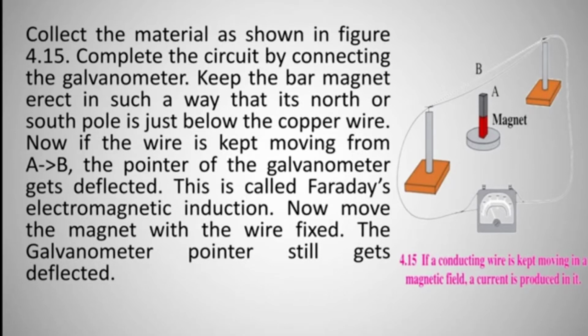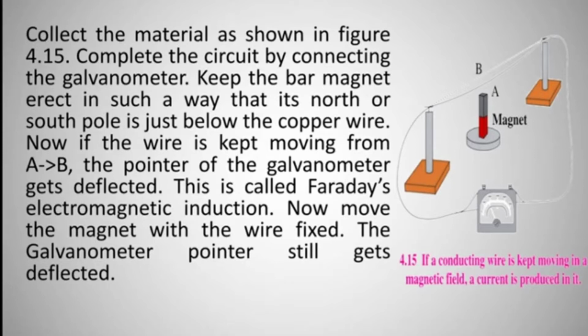Keep the bar magnet erect in such a way that its north or south pole is just below the copper wire. Now, if the wire is kept moving from point A to B, the pointer of the galvanometer gets deflected. This is called Faraday's electromagnetic induction.